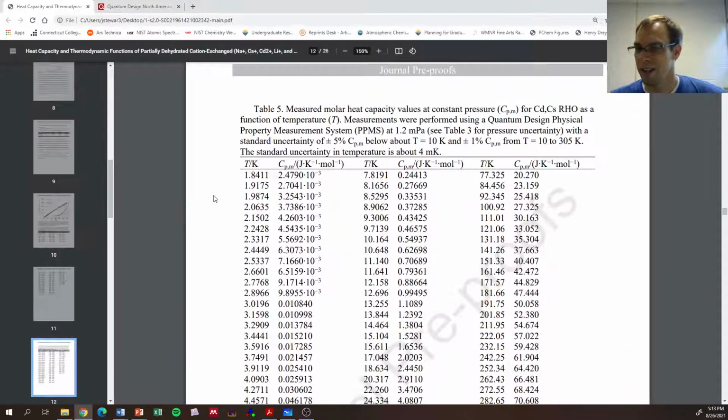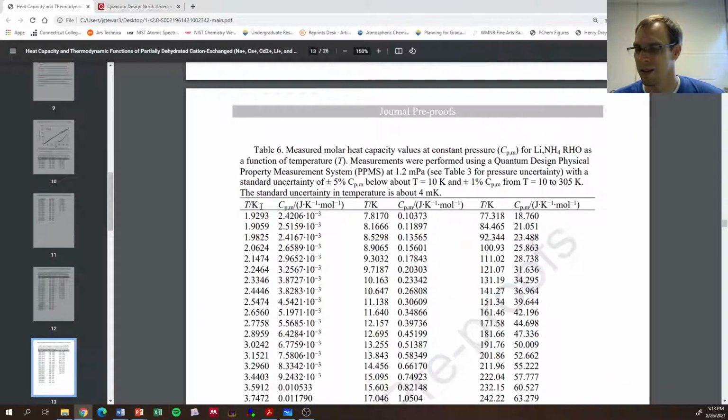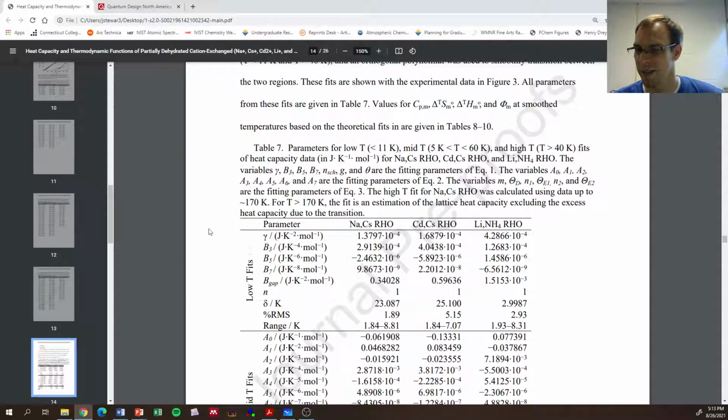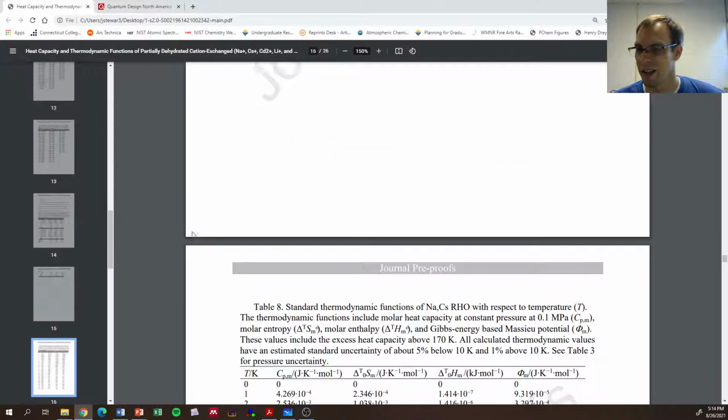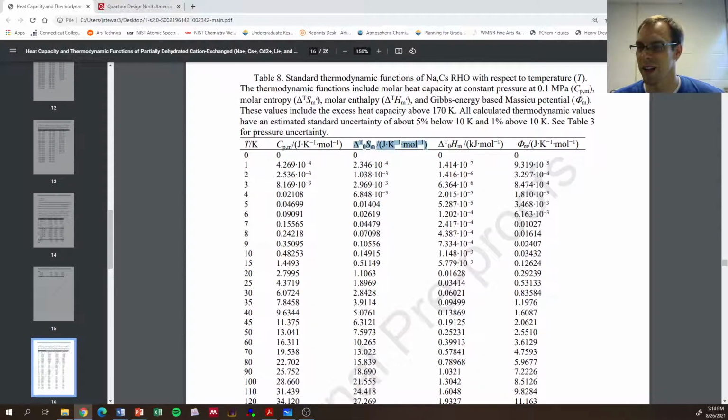So this then just shows the individual values in all these points here. And using that, you can calculate the entropy. So there's their data fitting here. There's a standard way to fit this, and then standard thermodynamic functions. So what we're looking at here is the entropy, and you can integrate this heat capacity as a function of temperature to get the absolute entropy.